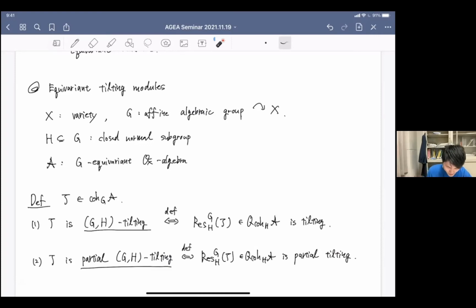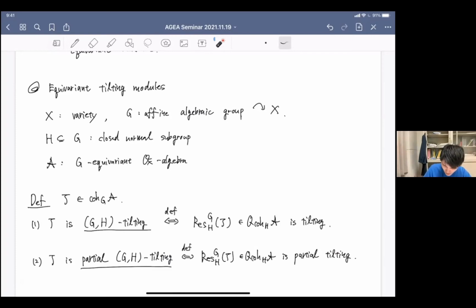Then we say that T is G-H tilting if and only if the restriction of T to H is a tilting object in H equivariant quasi-coherent A modules.